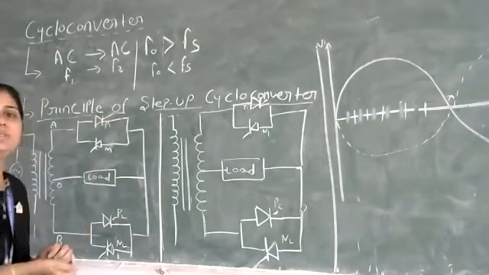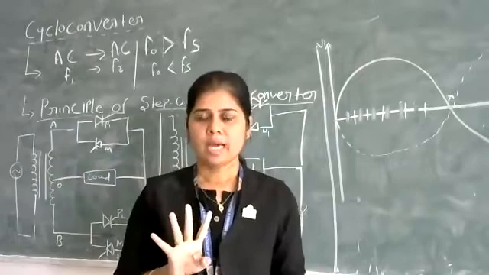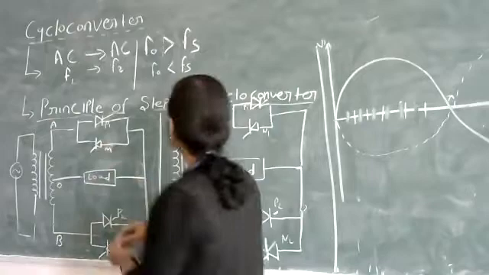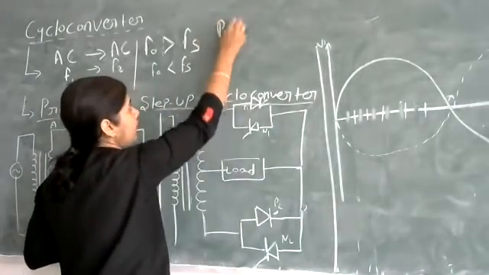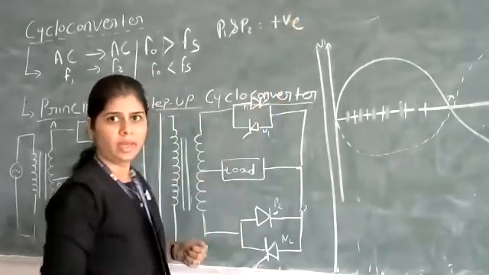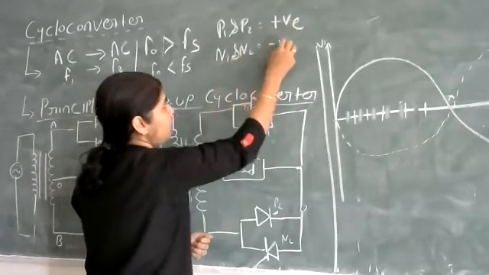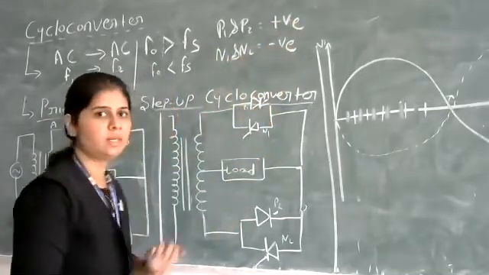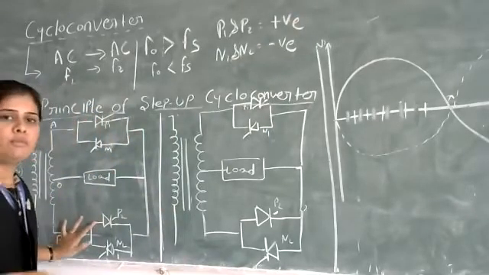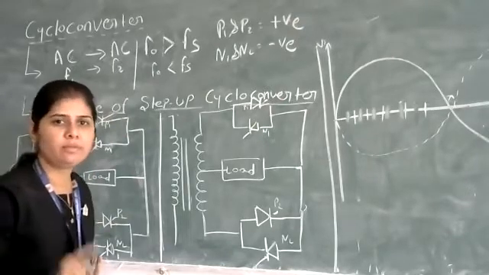You can see here we are using 4 thyristors: P1 and P2 are the positive group thyristors, and N1 and N2 are the negative group thyristors.